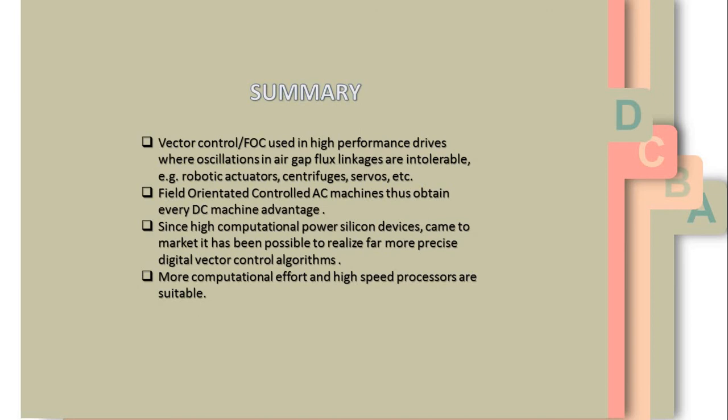Field oriented control of AC machines thus obtains every DC machine advantage. Since high computation power silicon devices came to market, it has been possible to realize far more precise digital vector control algorithms. More computational effort and high speed processors are suitable.